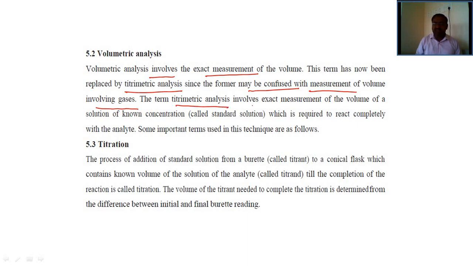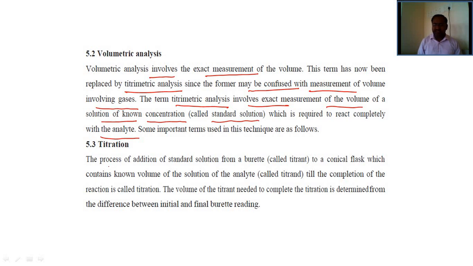Titrametric analysis involves exact measurement of the volume of a solution of known concentration, that is the standard solution, which is required to react completely with the analyte. Simply we say that finding the concentration of an unknown solution by using a solution of known concentration is called volumetric analysis or titrametric analysis.